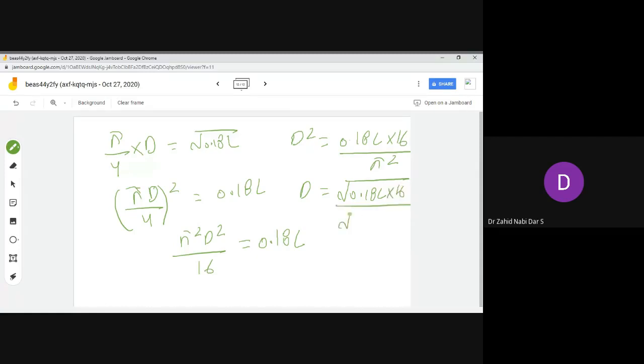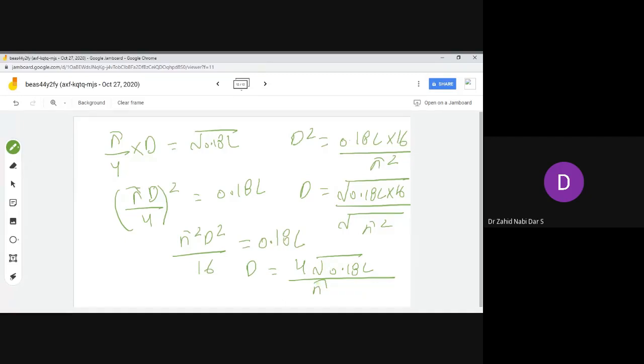So you can write d is equal to 4 times the square root of 0.18 L divided by pi.